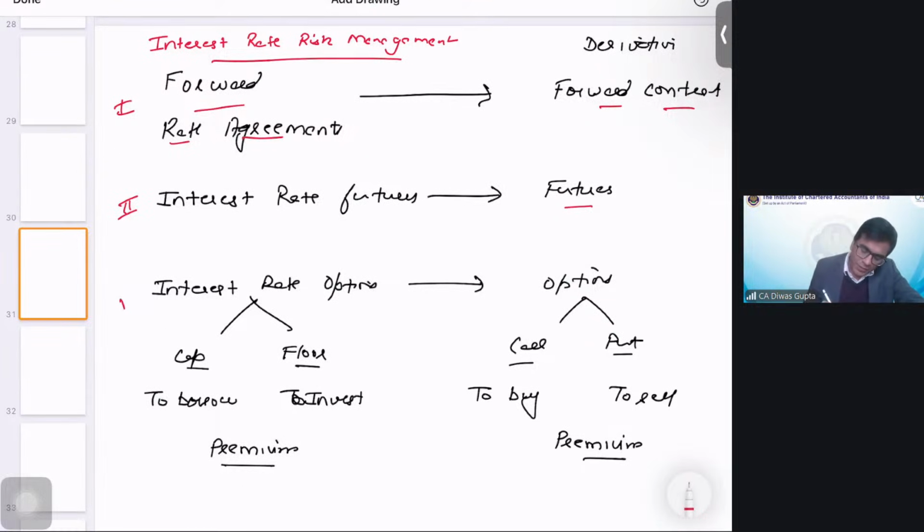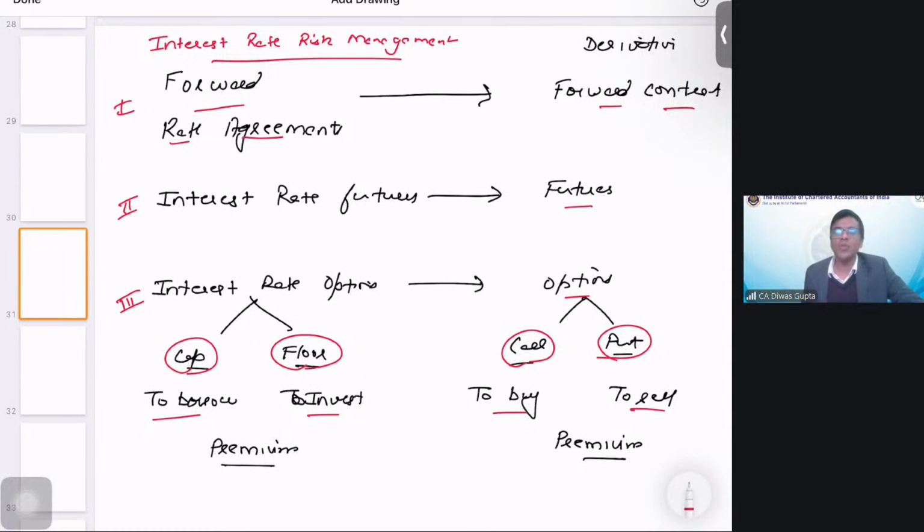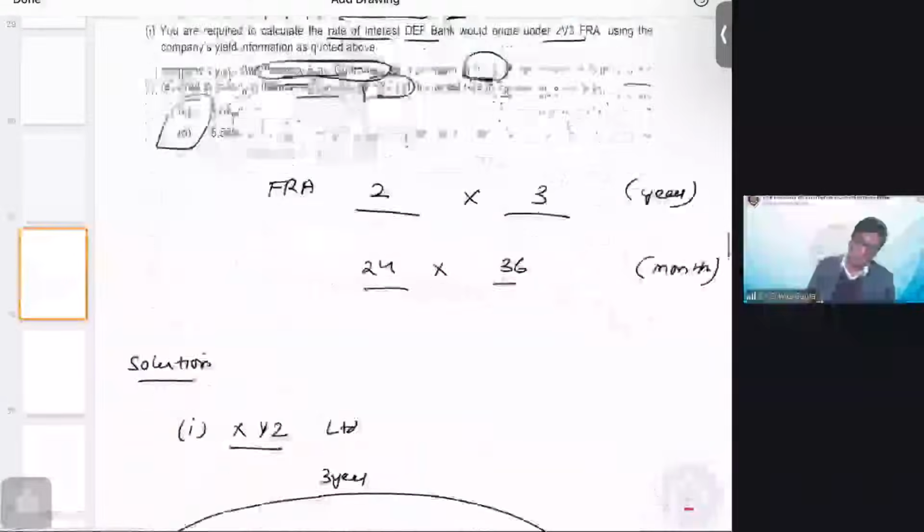Then interest rate options, whether it is a cap or a floor, is as good as options, call or put. Correct? Call option and put option in financial derivatives. And here it is to borrow, here it is to buy, here it is to invest, here it is to sell. So put option is to sell, floor option is to invest, and both of them involve premium. Clear? I hope this comparison is clear, students.